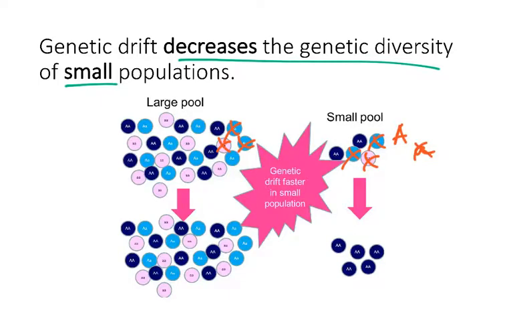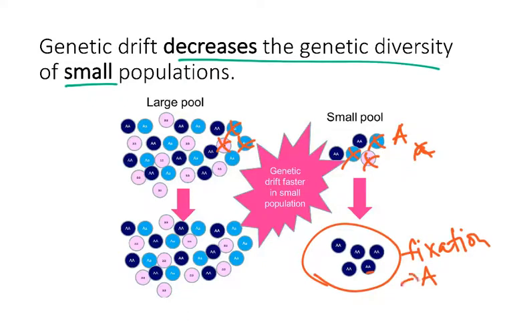So in our new population, what we have is called fixation, where the only allele present is that capital A. That's why genetic drift overall has the effect of decreasing genetic diversity. We're actually losing alleles, and it has a much stronger effect in small populations.